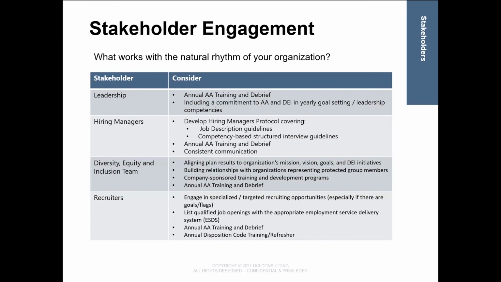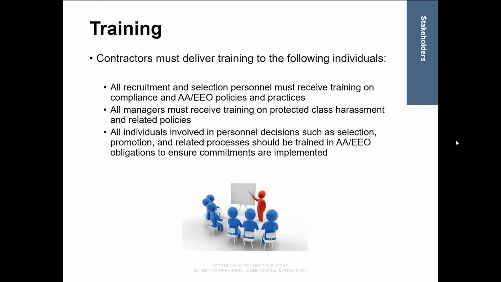And similar to the other stakeholder groups, recruiters should receive an annual affirmative action training and debrief. Consider providing an annual disposition code training refresher to ensure recruiters understand the importance of dispositions as it relates to OFCCP compliance and the Internet Applicant Rule.